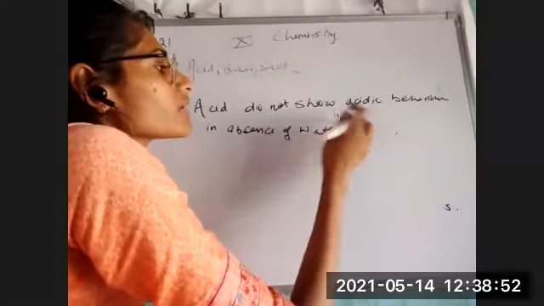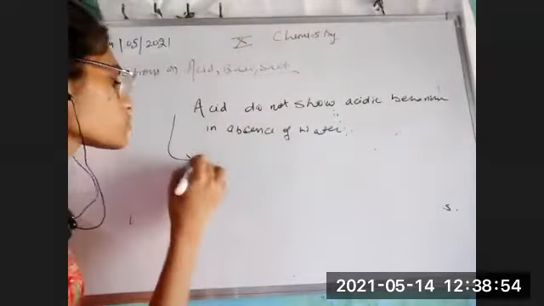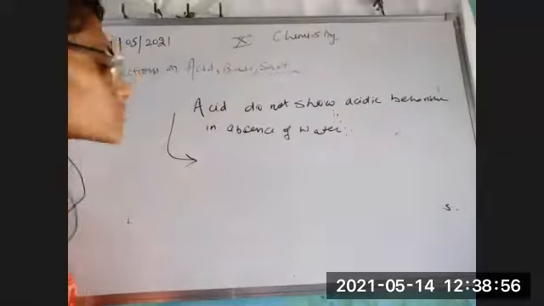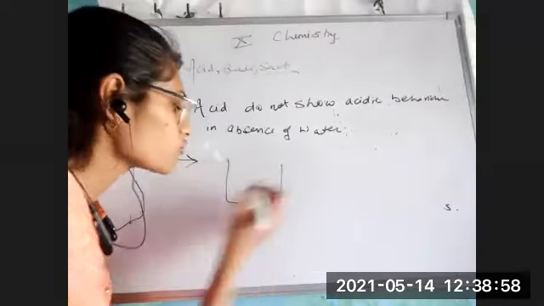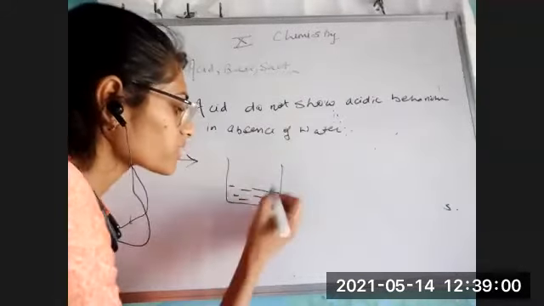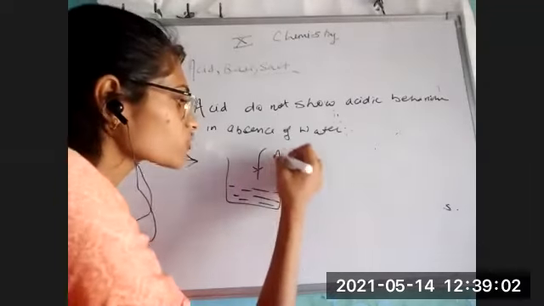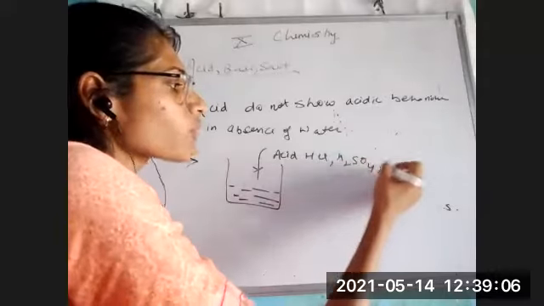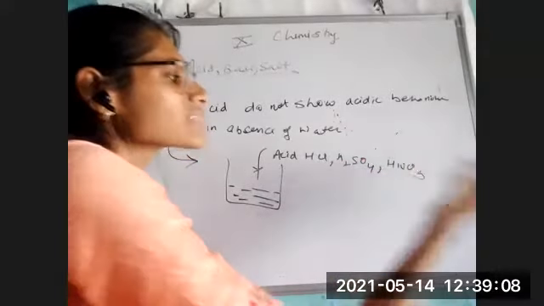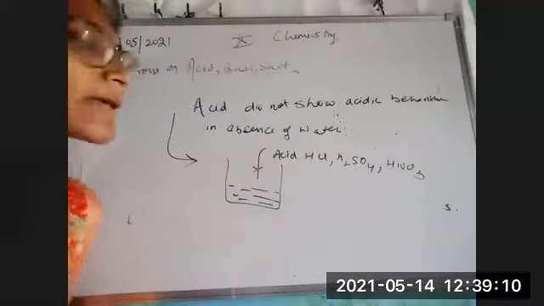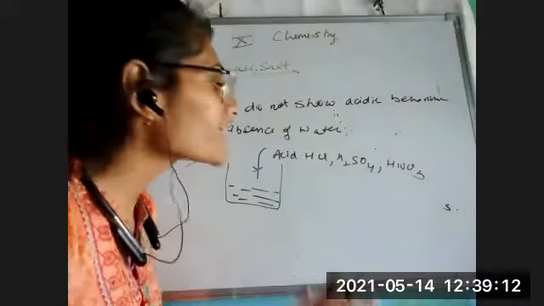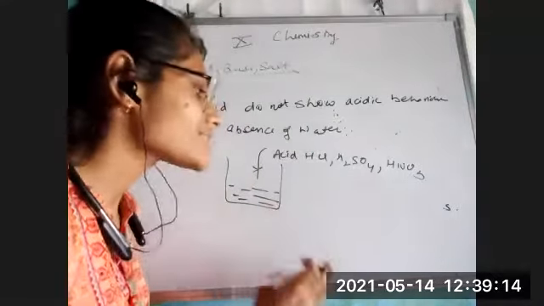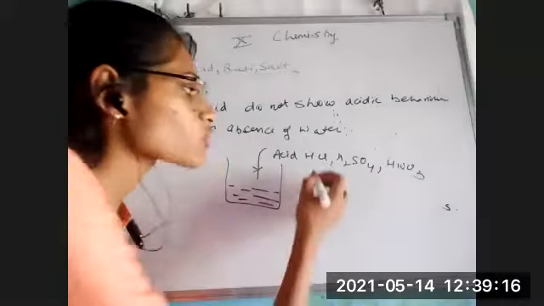Okay, so now you must have understood, whenever we dissolve our acid into water, suppose this is water and we are putting acid into it, like HCl or sulfuric acid or nitric acid, many more examples, whatever you want to take, what happens over there?